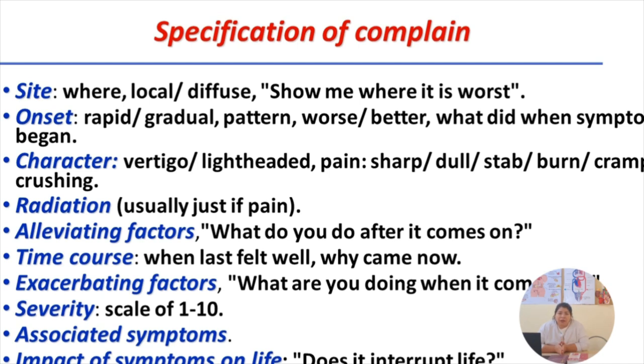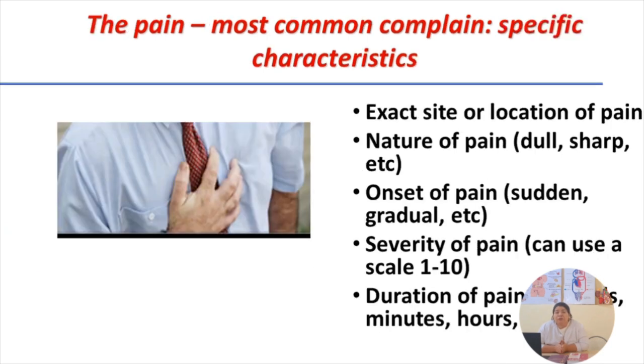Associated symptoms, for example, pain may be associated with dyspnea, or headache may be associated with high fever, and so on. And you should also ask whether it interrupts life or not.